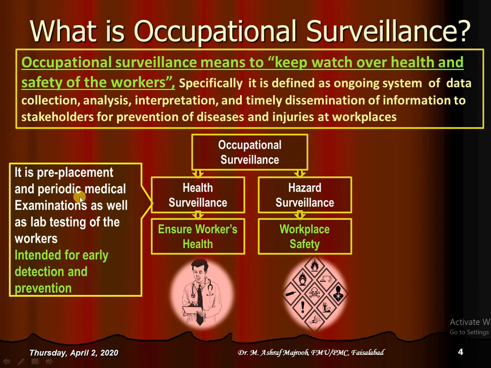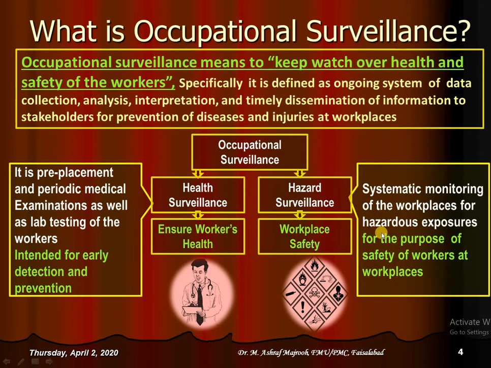So what is health surveillance? It is pre-placement and periodic medical examinations as well as lab testing of the workers, and it is intended for early detection and prevention of diseases in the workers.